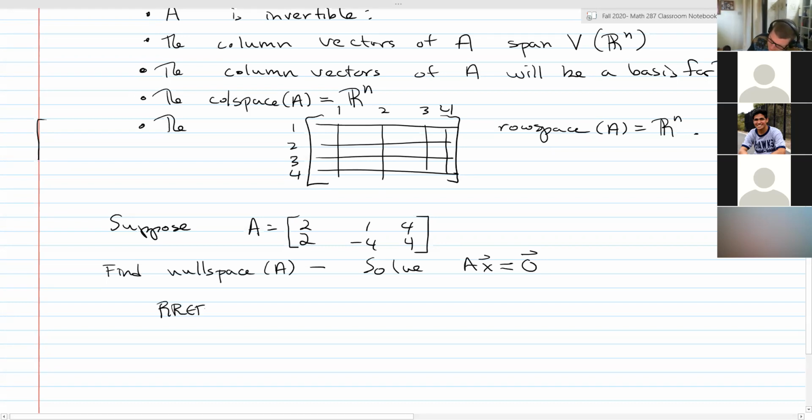So I took the REF of A, and that'll equal 1, 0, 2, 0, 1, 0, just so that you don't have to do a ton of computation right now. Use that now in order to find the solutions to AX equals 0.